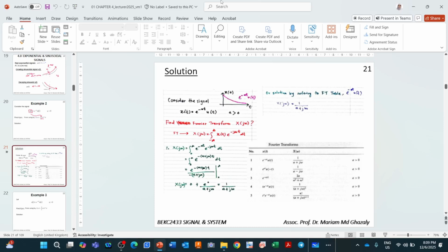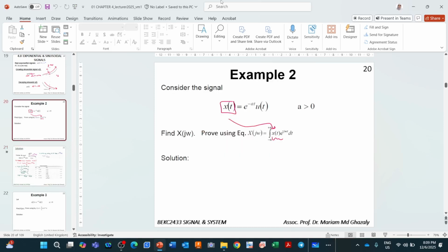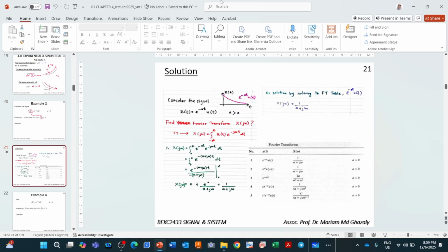So for this example, you are given x(t) equivalent to e^(-at) u(t). If you're using the Fourier transform table, you can directly get the answer. So if you look at this solution, you use the X(j omega) equation, substitute it, and in the end you solve that X(j omega) for this e^(-at) is 1 over (a + j omega).